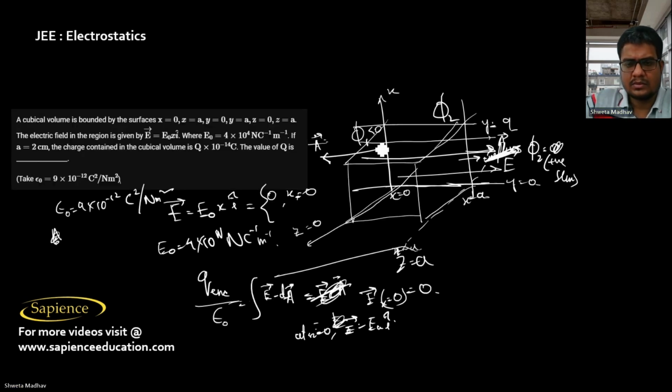Therefore, we can say that the net charge enclosed, Q enclosed by epsilon naught, is equal to E1 into the area, that is A square only.